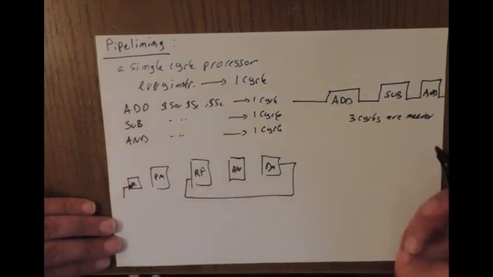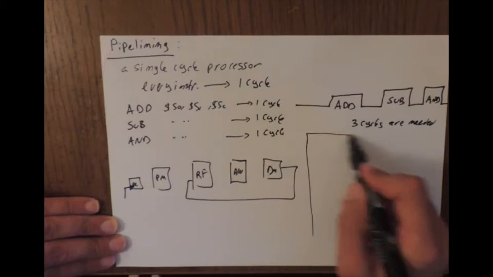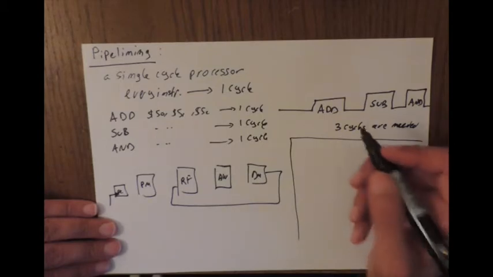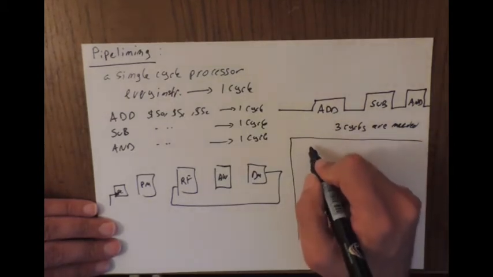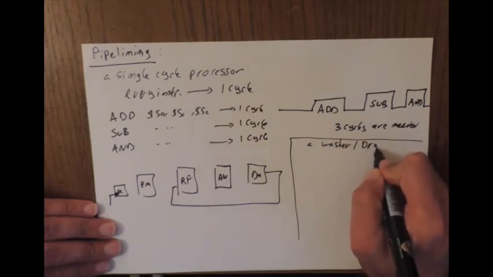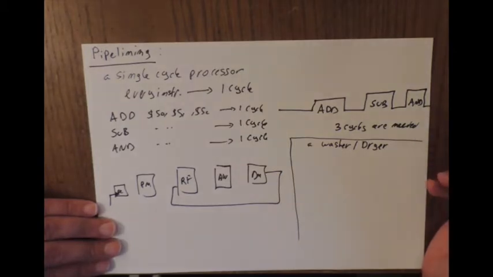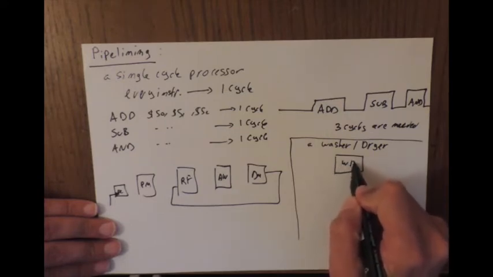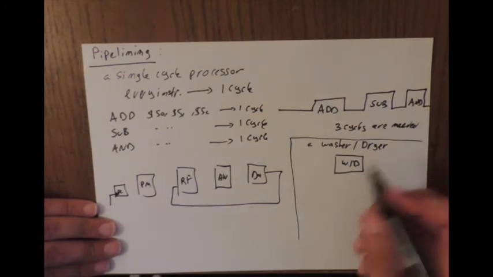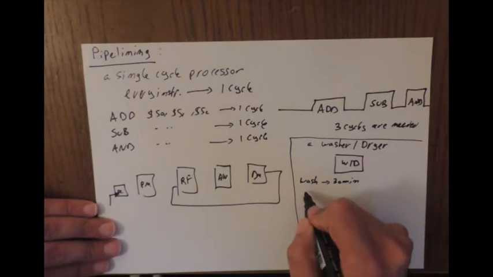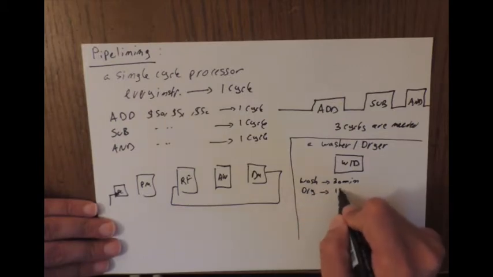So here comes the idea of pipelining. So what do we mean by pipelining? If we take the idea of a typical washer dryer. So let's say you are at home and you have a washer and dryer. So you pick up your clothes and you want to wash and dry your clothes. So typically, let's say each wash cycle takes 30 minutes and the dry cycle, let's say it takes 15 minutes.